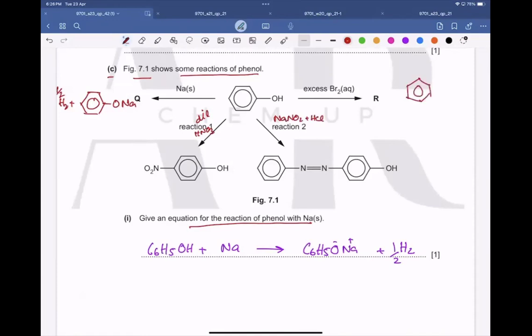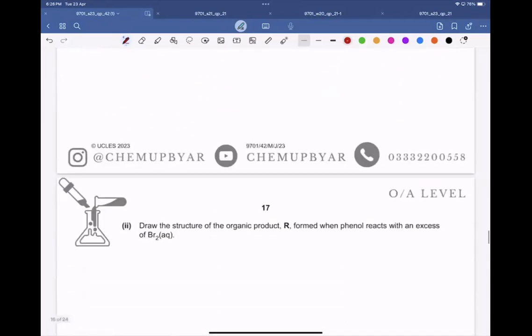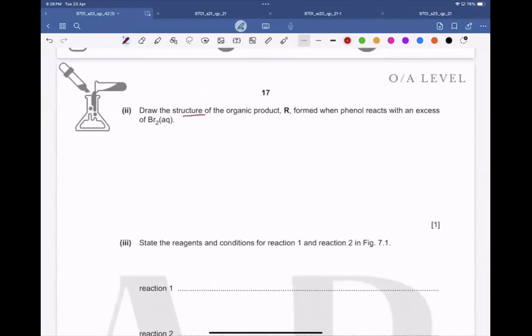So in excess bromine, we get 2, 4, 6-tribromophenol. Now, draw the structure of the organic product formed when phenol reacts with an excess of bromine. So that's what we have discussed. We get an OH, one bromine here, one bromine here, and one bromine here.